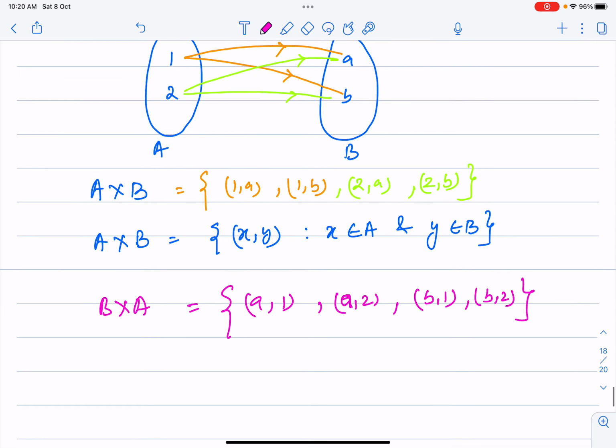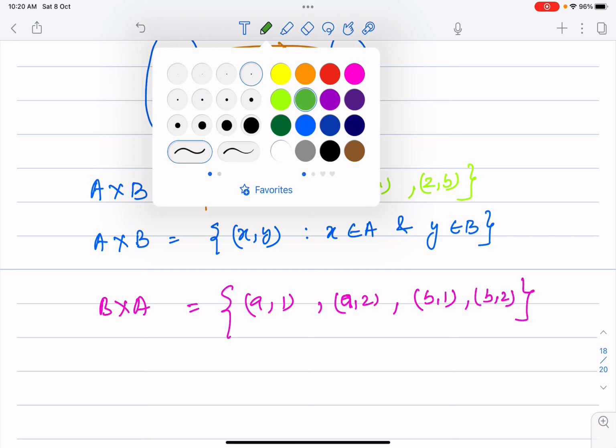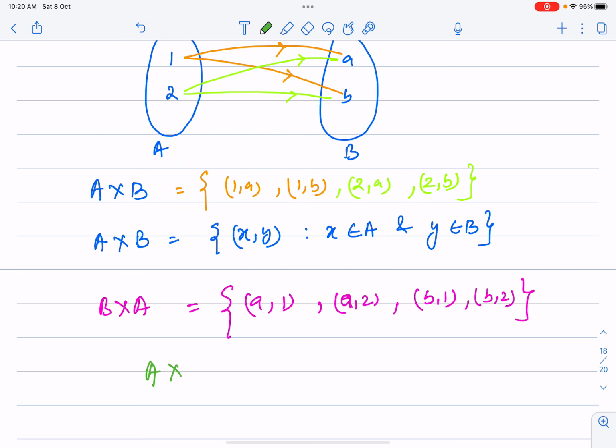So what do we understand from here? We understand that A cross B is not equal to B cross A, right? Why? Because the first element and the second element have been interchanged.